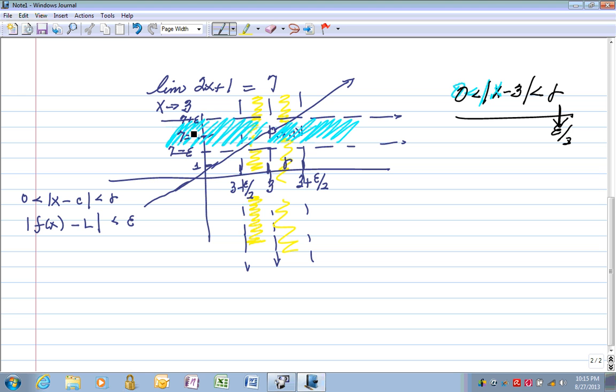So when I go this way, and I have it running this way, because of the 0, if you remember the proof on epsilon and delta, this 0 deletes the 3, but f of x minus L is less than epsilon.